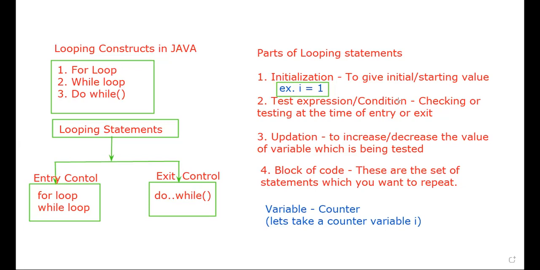Now test expression or condition. Suppose you want to execute the loop for 10 times. So what will you write? We will say I. Here, the example of test expression I'm writing is I is less than equal to 10.